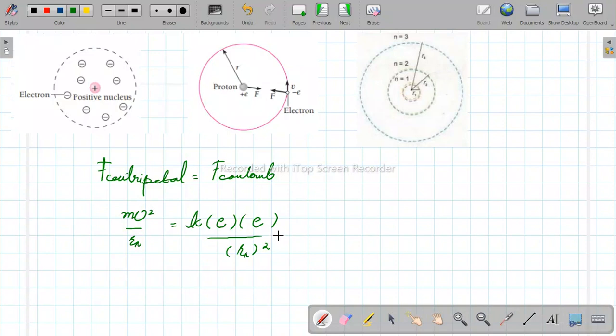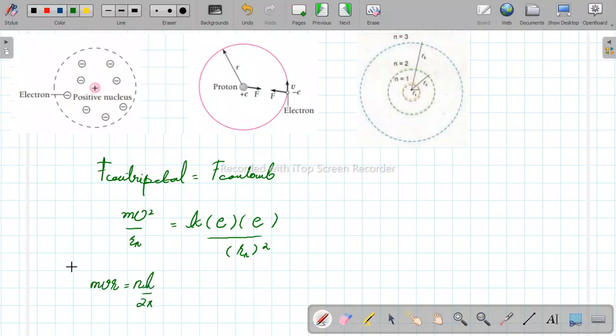Then what we are going to do here is we are going to put the value of velocity here. अब वो velocity की value कहाँ से आएगी? From Bohr's postulate. He said that जो stationary orbit है उनकी condition क्या है? Angular momentum, that is mvr, equals integer multiple of h cut, जिसको we can write h over 2 pi.